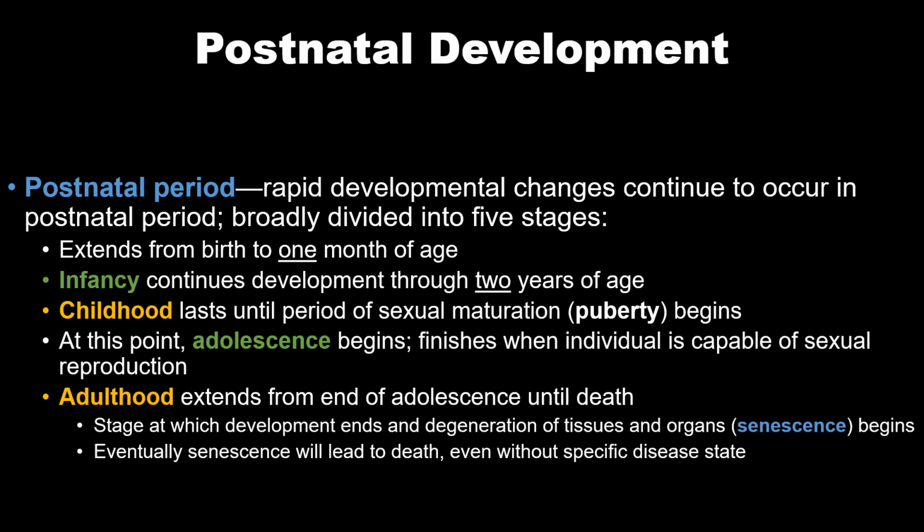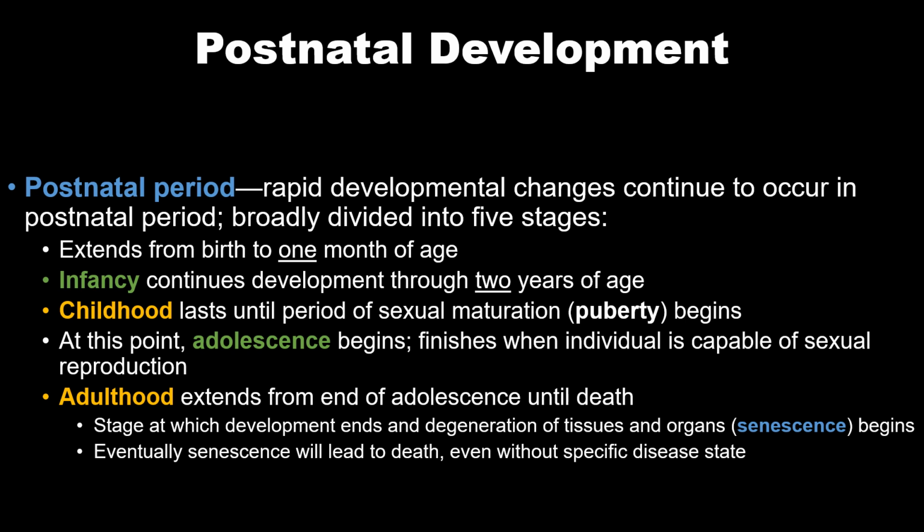Now, the neonatal period is going to be from birth to 1 month, and we're going to look at this a little bit later. Infancy picks up immediately after that, from 1 month to 2 years. Childhood, from 2 years to the point of sexual maturation or puberty, when that begins. At this point, they begin adolescence, and that adolescence finishes when the individual is capable of sexual reproduction.